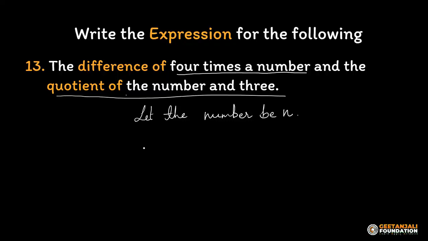So 4 times a number means 4n. And we have to find the difference of this with what? The quotient of the number and 3. The quotient of the number and 3 is n divided by 3.